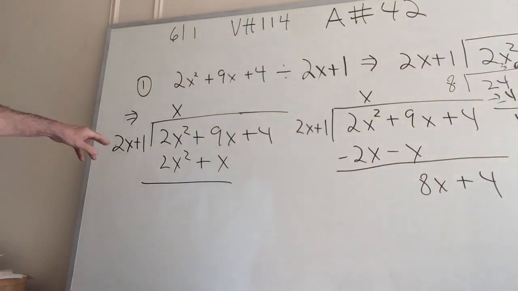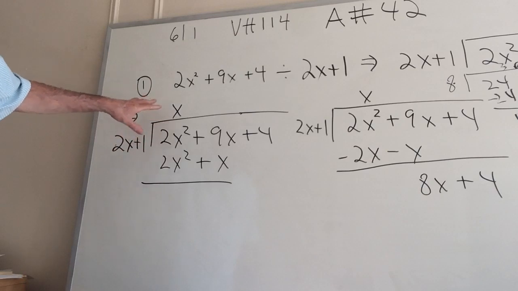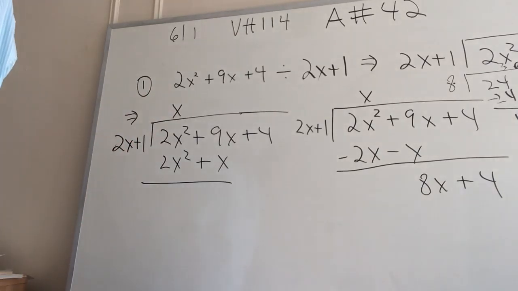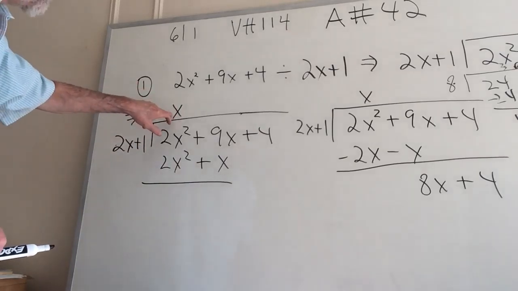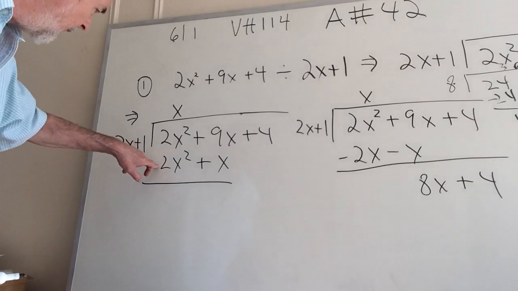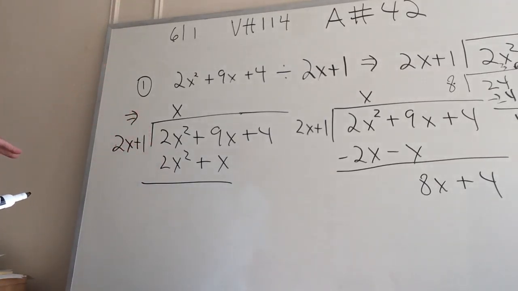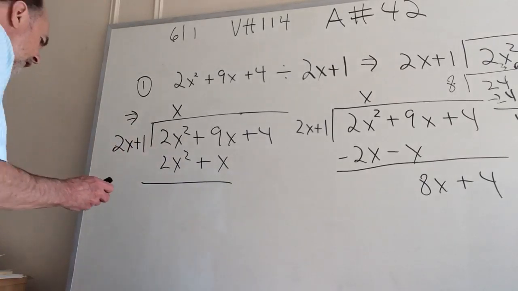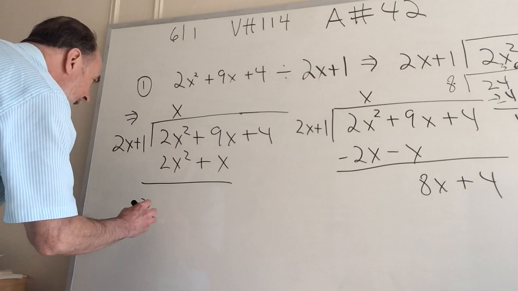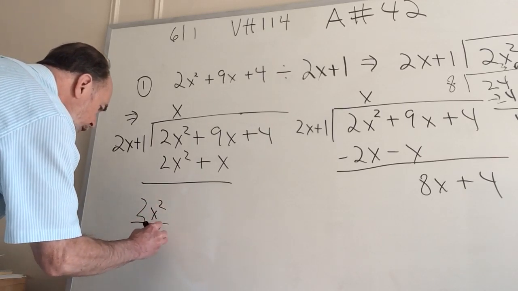And here we go. So as I mentioned before in the last video, how did I get x here? I told you there are two ways to look at it. The way that most kids do is what number here times this number here matches this number here. If you find that very confusing, then you can divide the first term by the first term in what you're dividing by. So that is 2x squared divided by 2x.